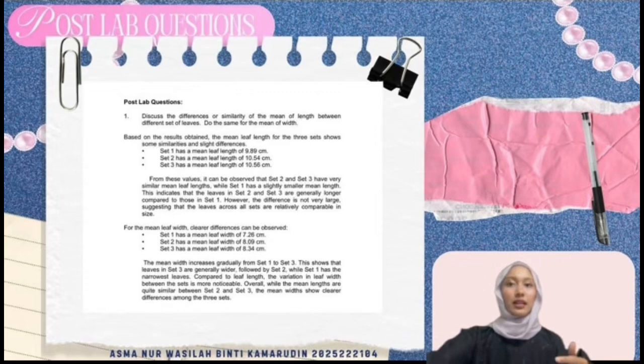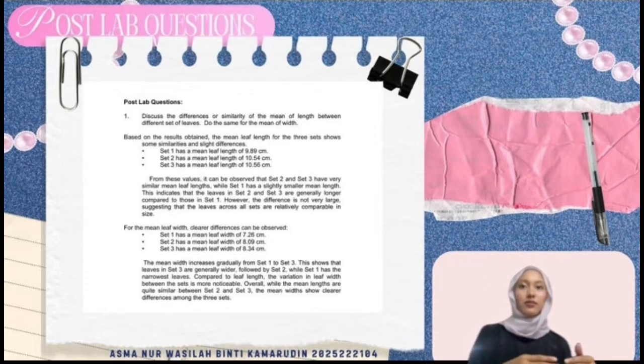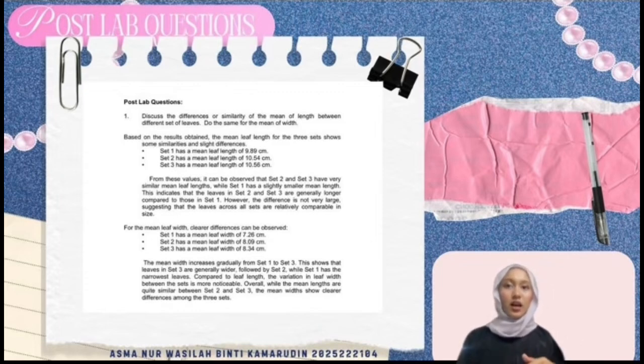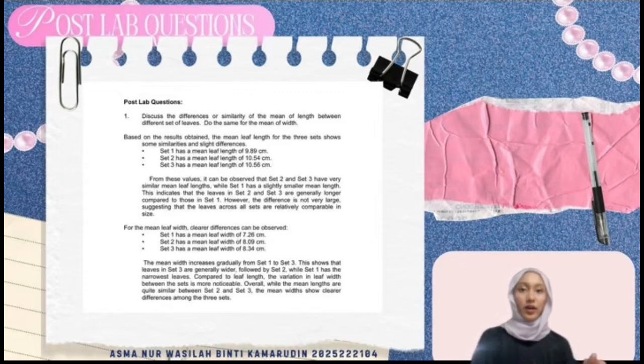And for the leaf width, a difference can be observed. The mean width increased gradually from set 1 to set 3. This shows that leaves in set 3 are generally wider, followed by set 2, while set 1 has the narrowest leaves.